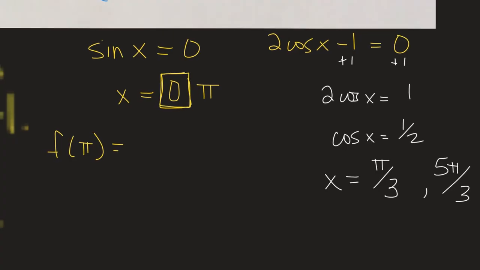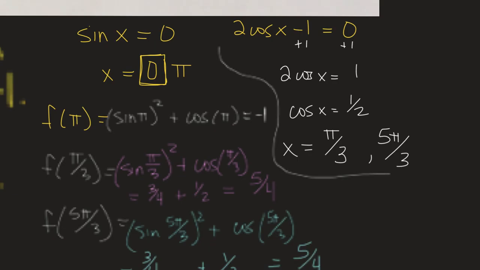Okay, so we have to do 3 more evaluations. We evaluate it at pi, we evaluate it at pi over 3, and we will evaluate it at 5 pi over 3. Okay, so we're going to go back into our original equation of sine squared plus cosine and see what we get.